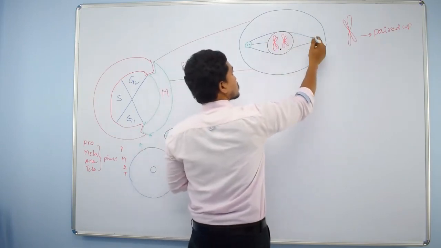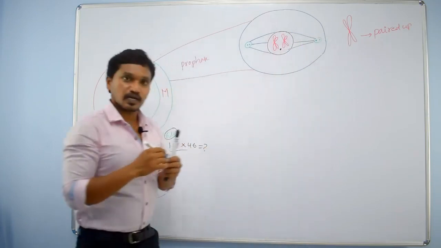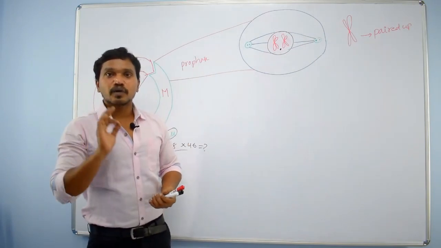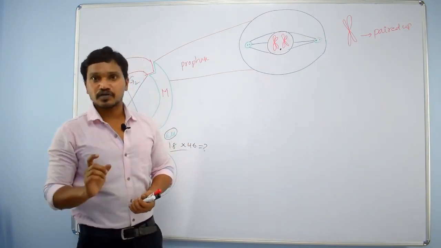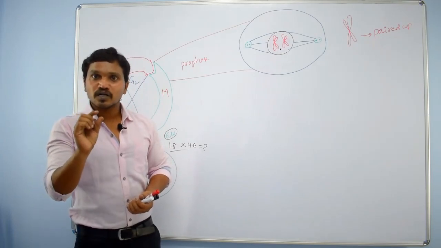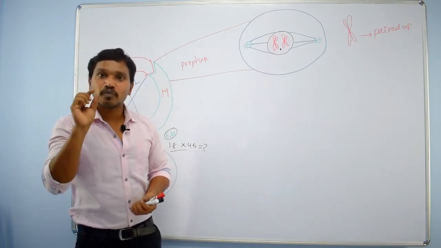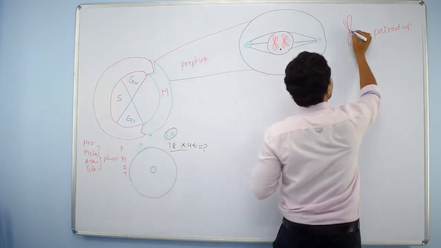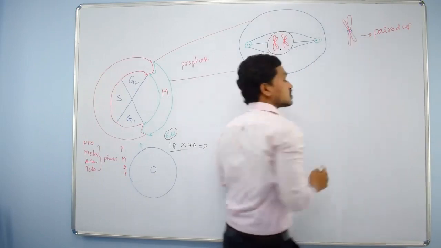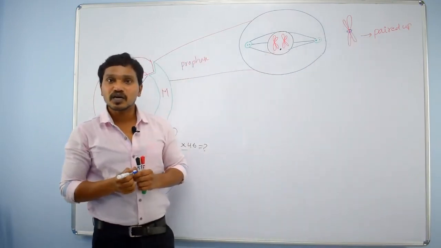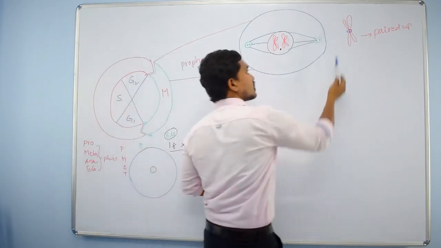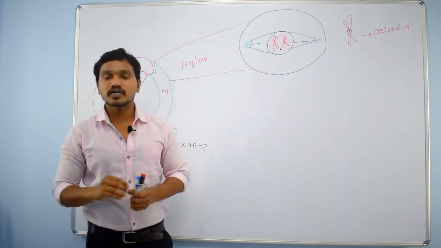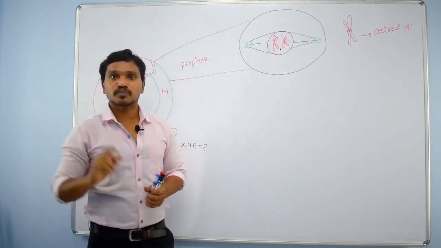Microtubules. Of course, there will be different types of microtubules. Clear? First one, kinetochore microtubules. Kinetochore means a microtubule binding protein structure present over the centromere. That microtubule binding structure, what we call kinetochore, right?